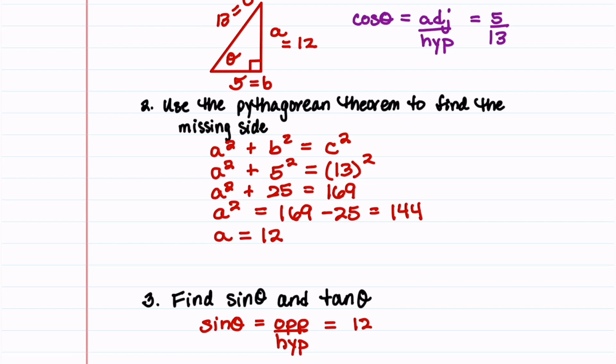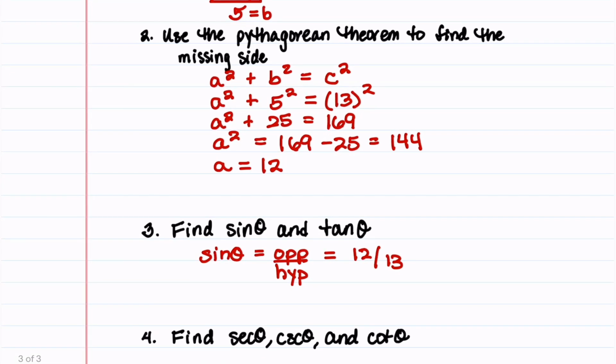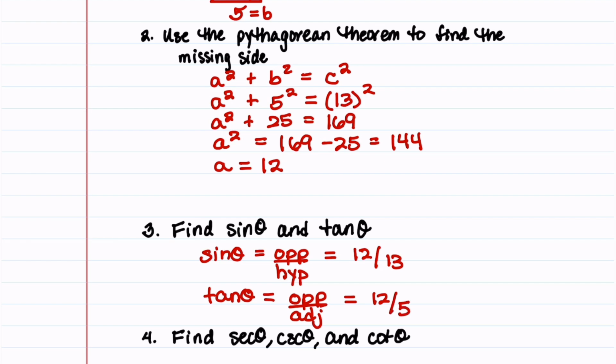So that's 12/13. And then our tangent function is our opposite side divided by our adjacent side. So that's going to be 12 divided by 5.